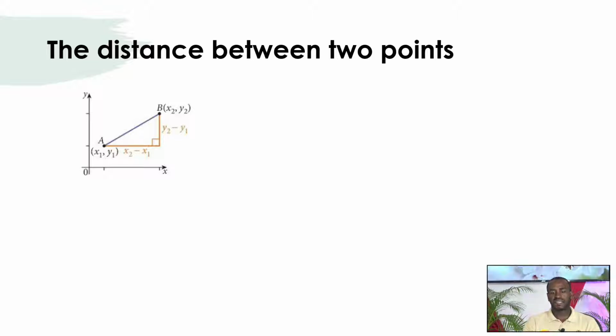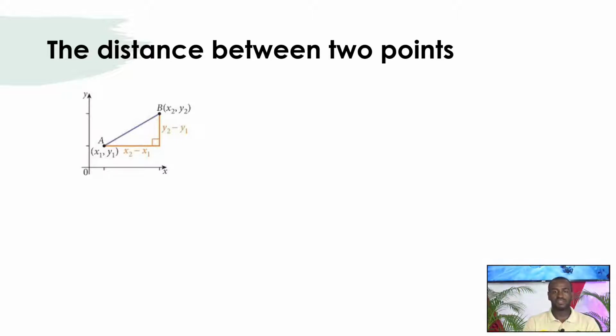To find the distance of A and B, we can use the concept of Pythagoras' theorem from trigonometry. Remember that Pythagoras' theorem states that the square of the hypotenuse side equals the sum of the squares of the other two sides.